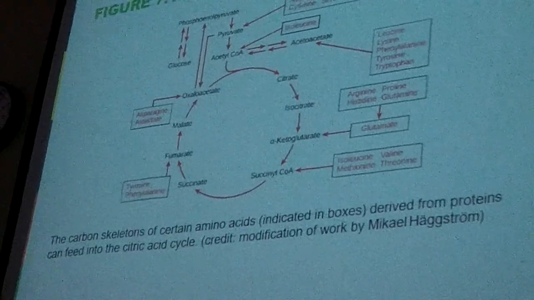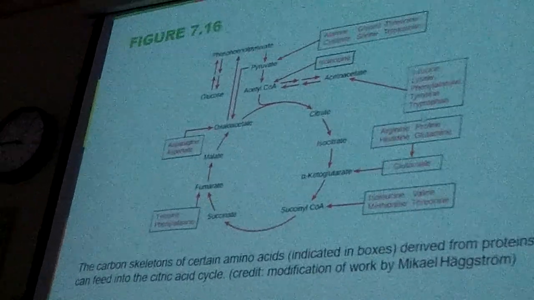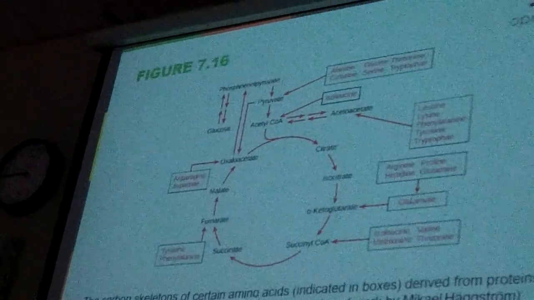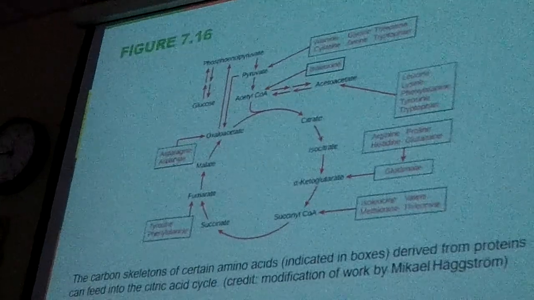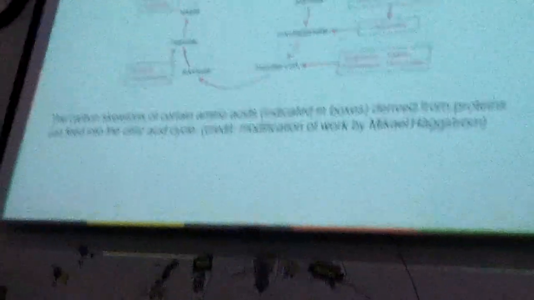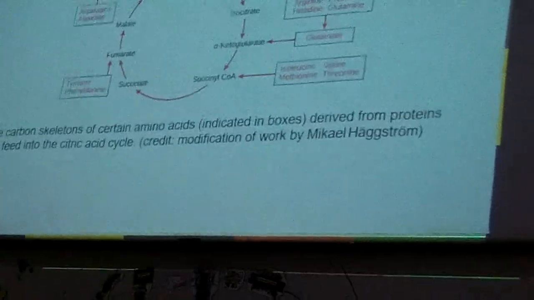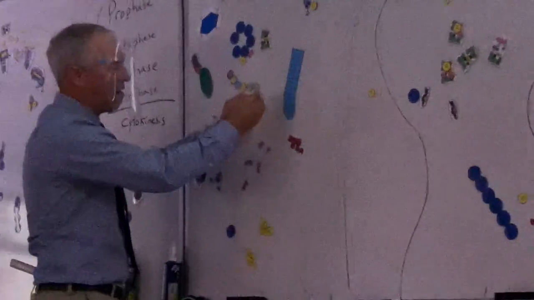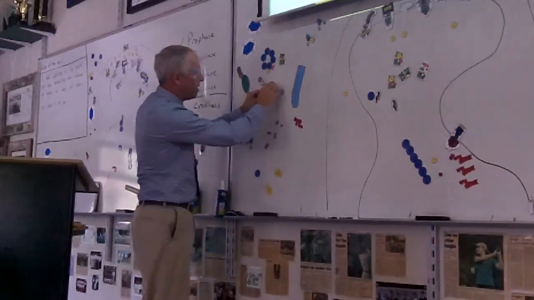All of these words here, do y'all recognize any of those? Where have you seen those before? Are they types of amino acids? Fantastic. These are all amino acids. So these amino acids can tie into the process. I can't read it, my eyes are too bad.